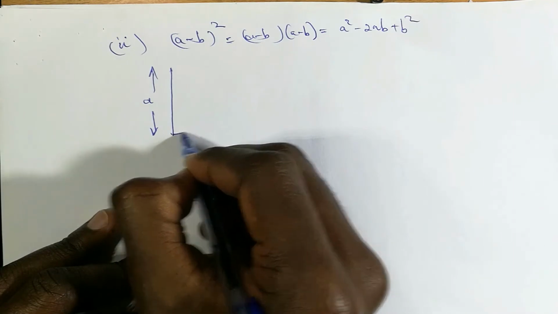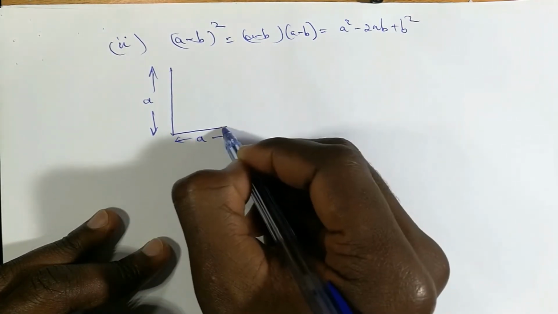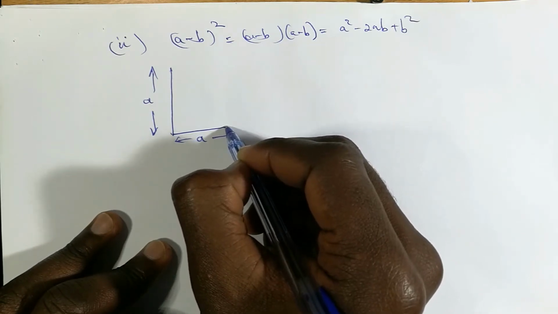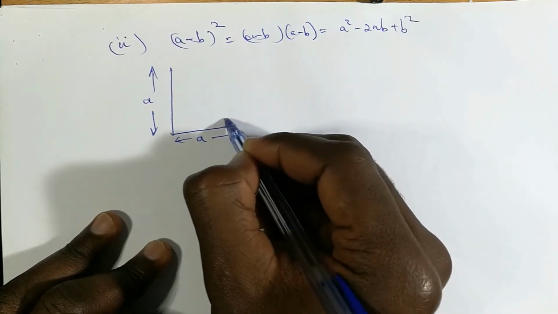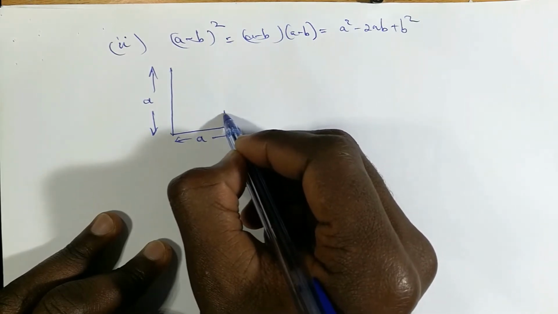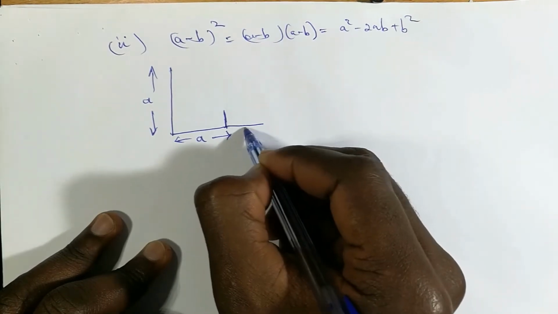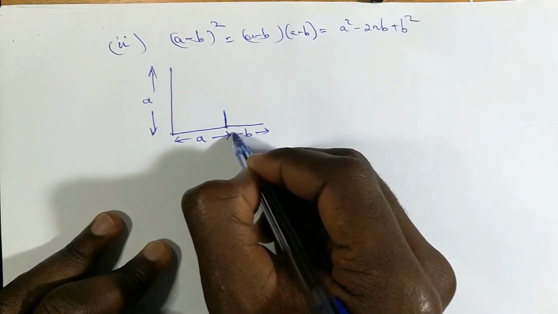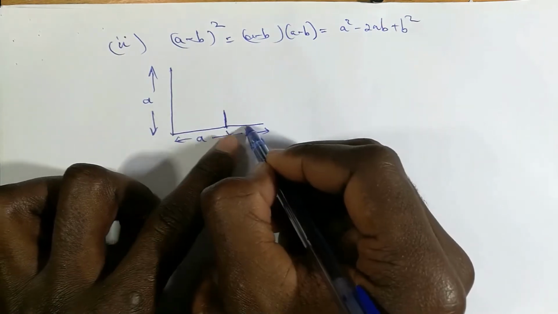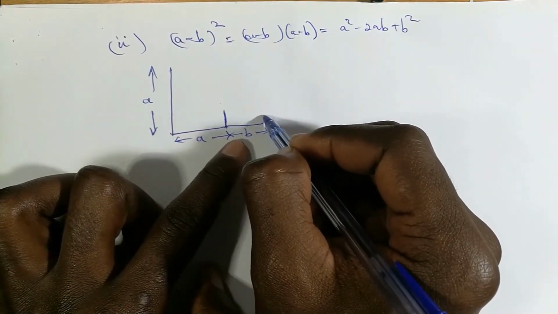Then say I have a length a here, then I first stop there, then another length, let me say here b also, first stop here, that will give me plus b here. Then I assume, could this be a square.